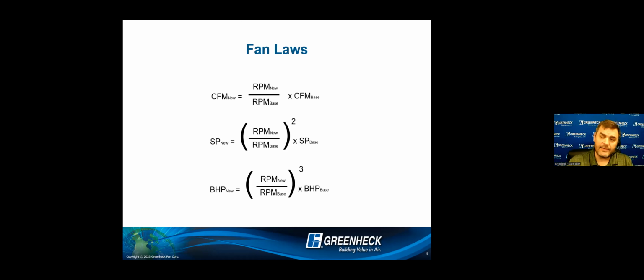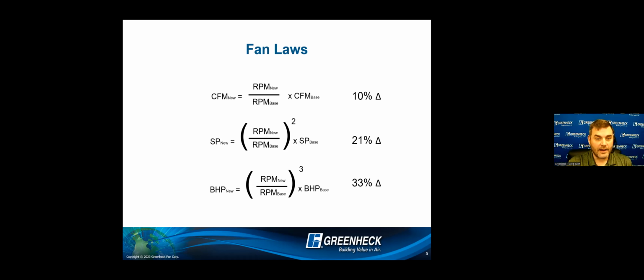This says, as I change RPM, the brake horsepower, the power needed to move that air, is going to change by the cube. So that simple 10% more CFM requires 33% more horsepower to move that air.